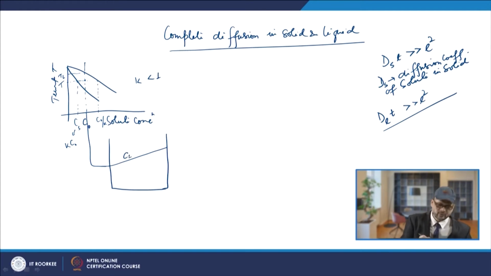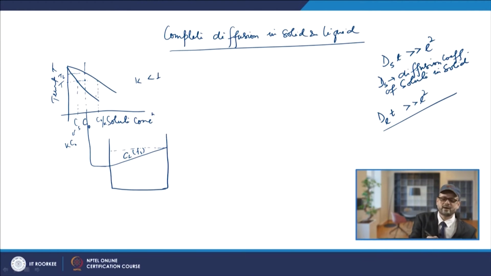As you know, for liquid this value will be moving. At TL this C naught is Cl, and then it will be moving and coming to this C naught by K. So ultimately this value is C naught by K.